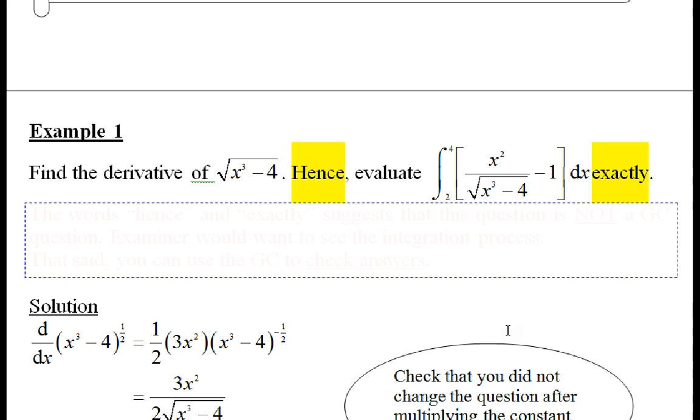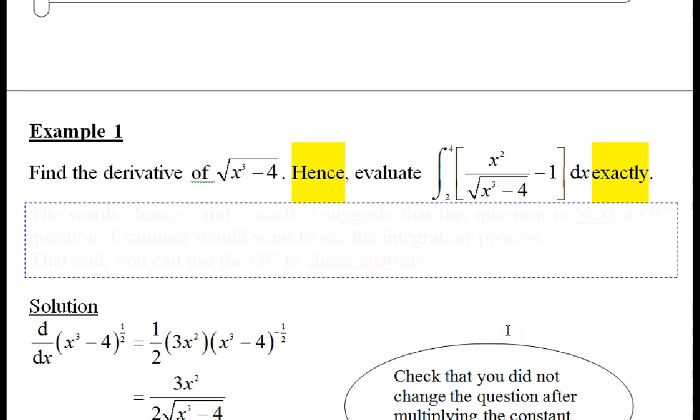The key word here is hence, evaluate this integral, which means you are to use this first part to solve this. That's point number 1. Second point, there is this word exactly. Exactly would mean that you cannot use your GC. Even though you can use your GC to check the answer, you can't use your GC to solve it.